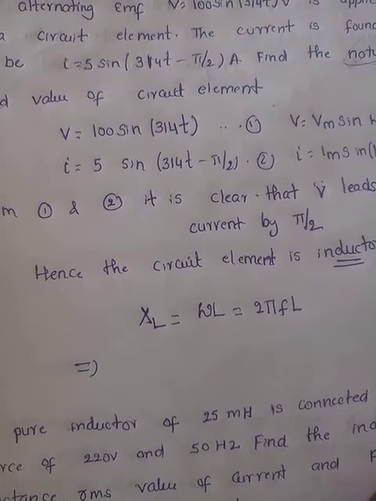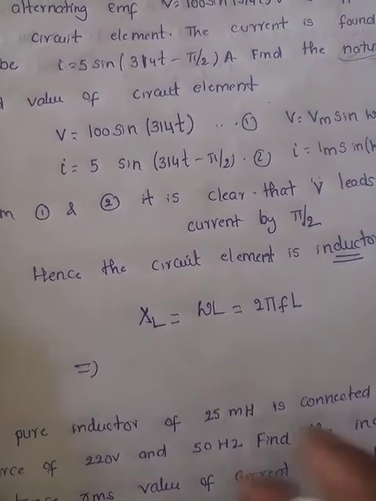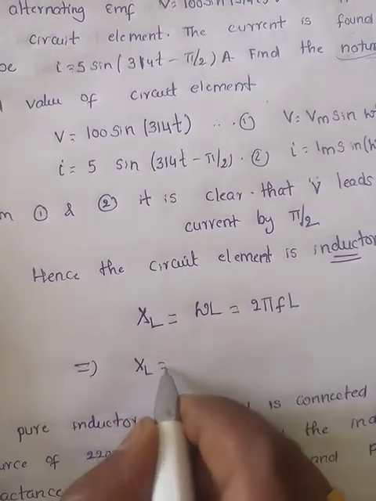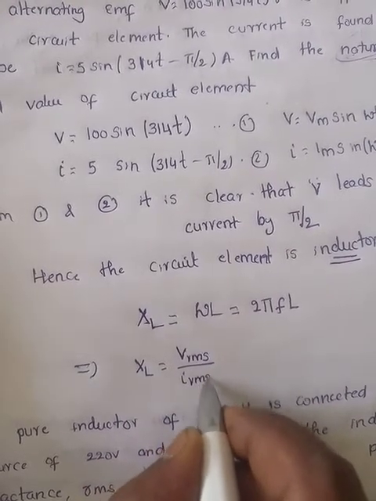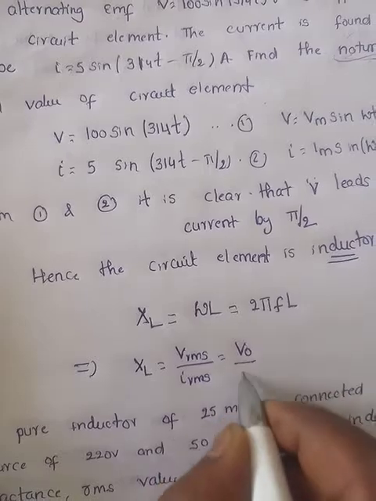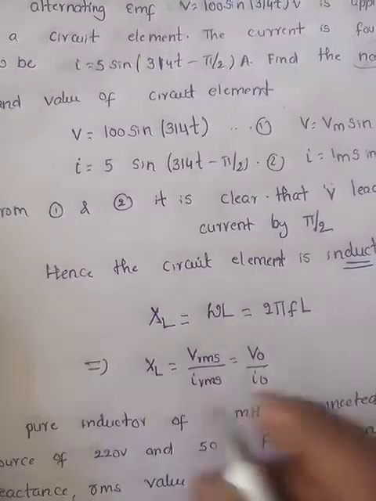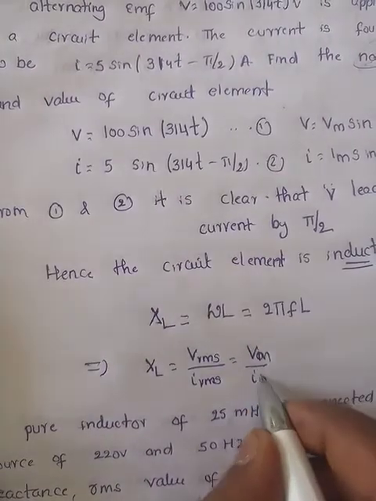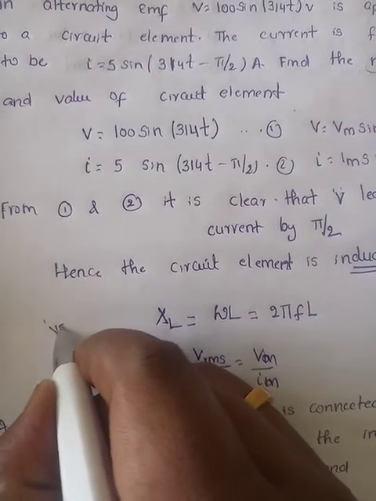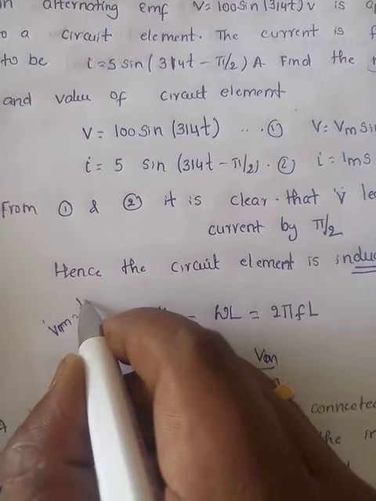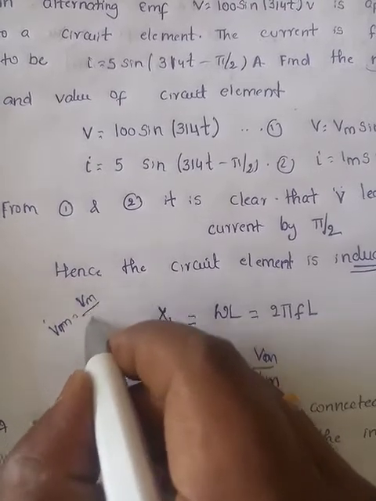How to calculate XL? XL can be calculated using XL equals V RMS by I RMS, or V naught by I naught, because while solving we write Im equals Vm by XL.